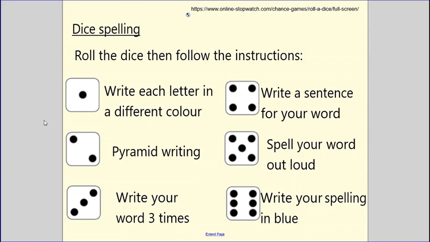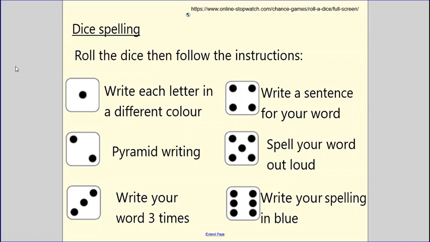So, we're going to do something a little bit different today. You're just going to practice your spellings using one of these different strategies. So, we're going to have a go at rolling the dice, and then we're going to follow the instructions. If we roll number 1, you're going to write each letter in a different colour. If we roll a number 2, you can do some pyramid writing.